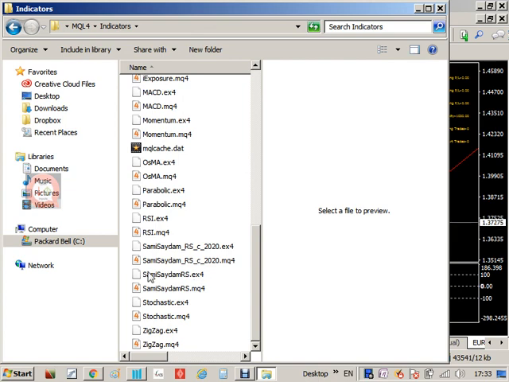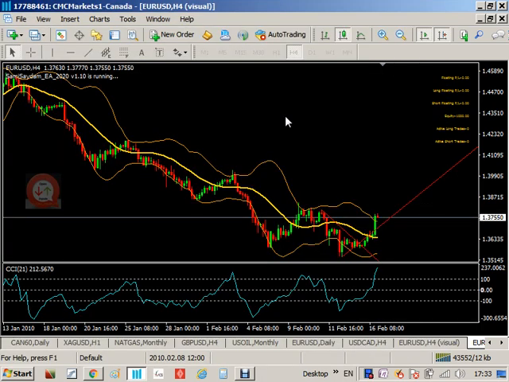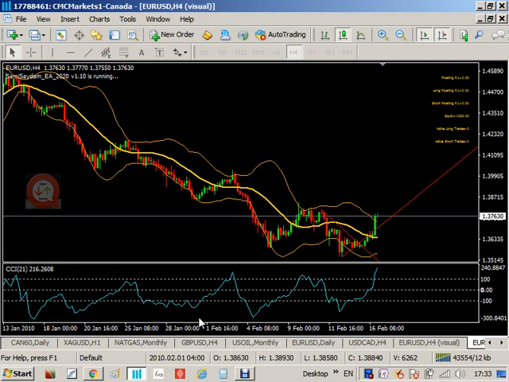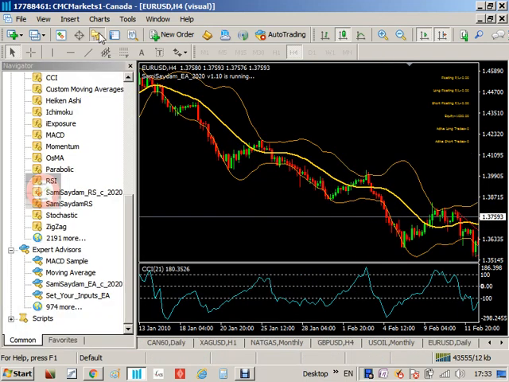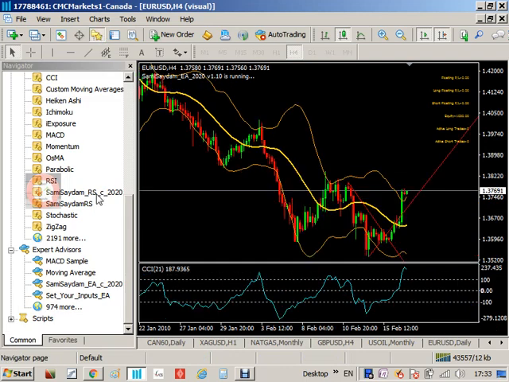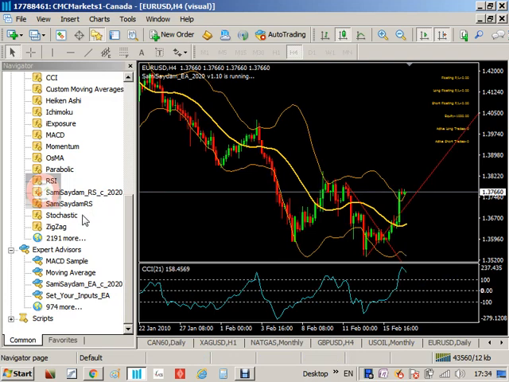You'll receive the EX4, you put it in the indicators folder, then you close and switch off the MT4, then you open it again, and you go to the navigator. You will find it somewhere in the indicator section, go down, you will find it, then you just grab it with the left mouse and put it on the screen.